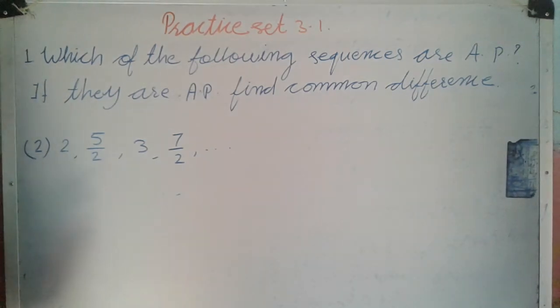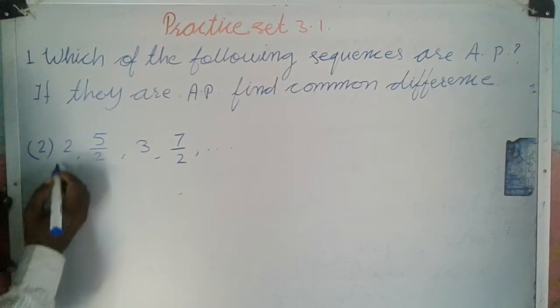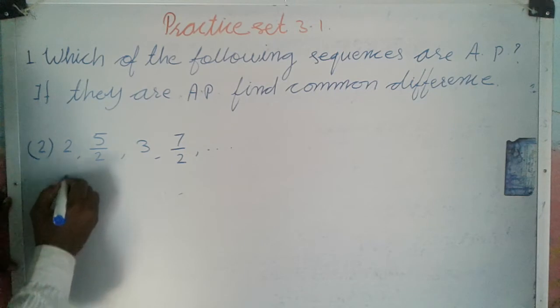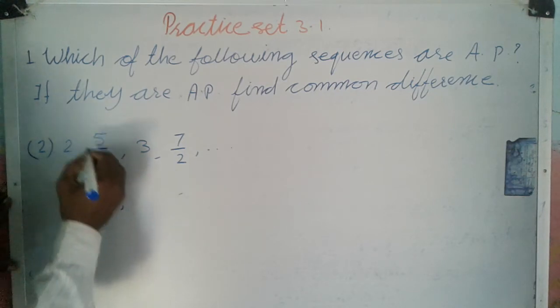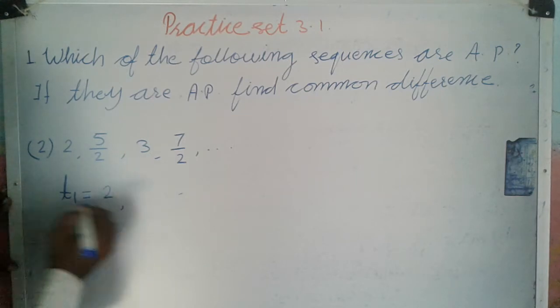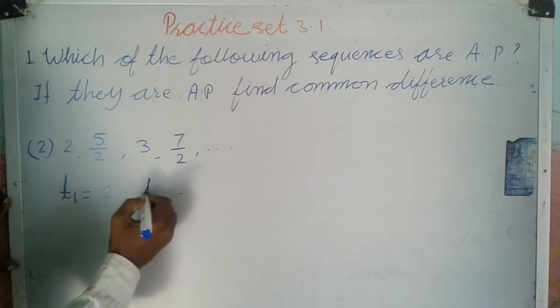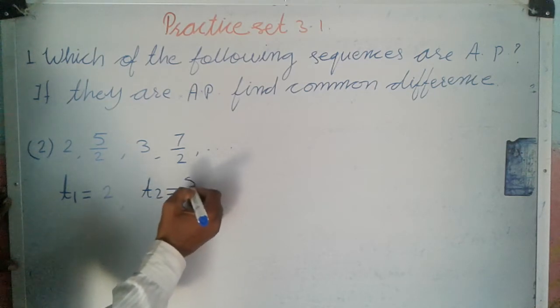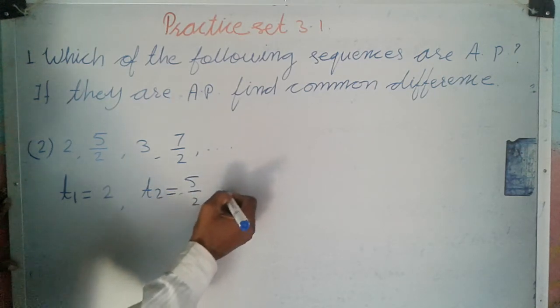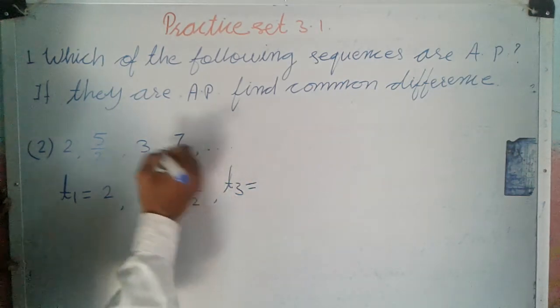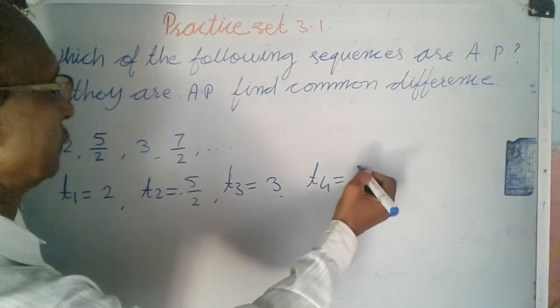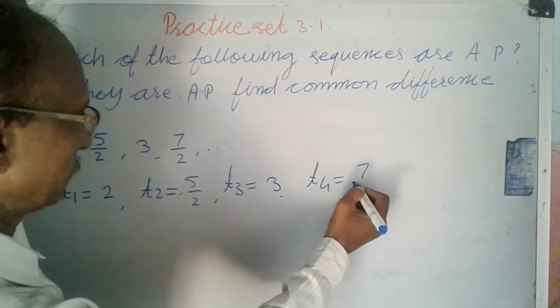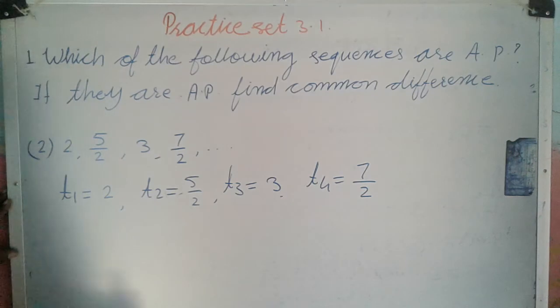Now see here, the first term is T1, 2. The second term is 5 upon 2. The third term is 3. And T4, that means the fourth term, 7 upon 2.